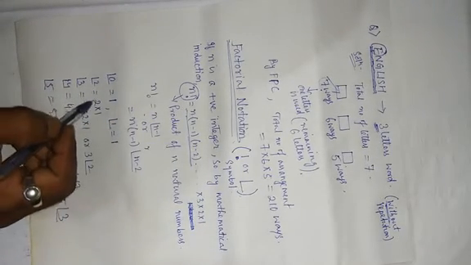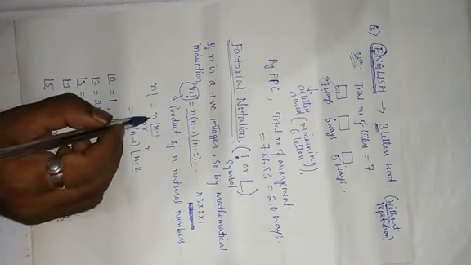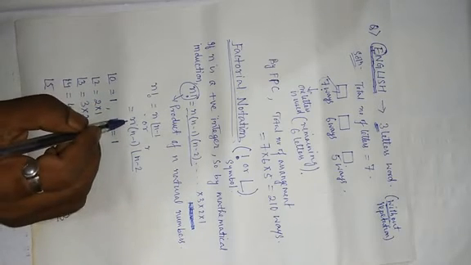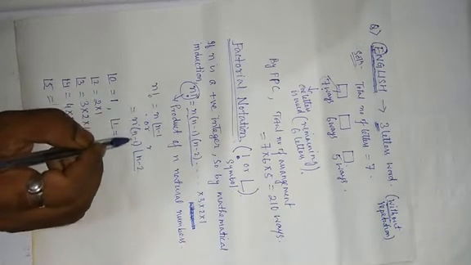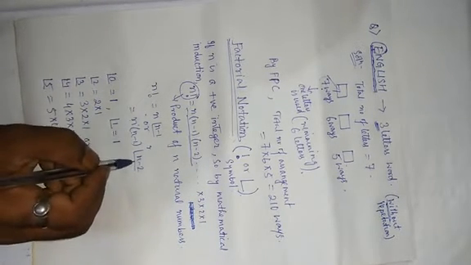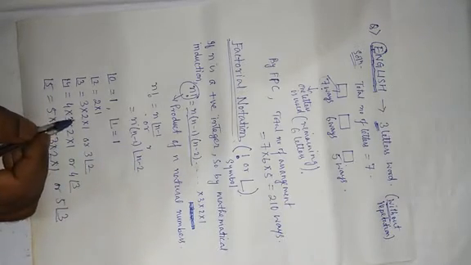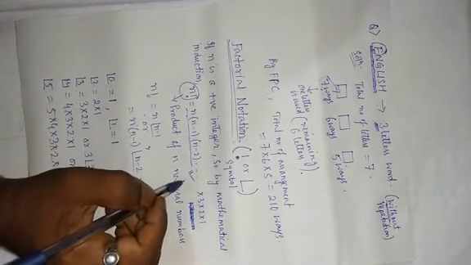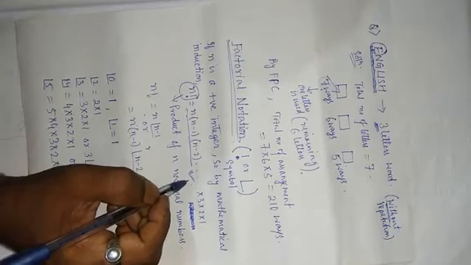If I use the value 2 in place of n, it will become 2 into 2 minus 1, that is nothing but 2 into 1. If I use 3, then 3 minus 1 is 2, 3 minus 2 is 1. Okay student, so this is nothing but coming from our factorial notation formula.